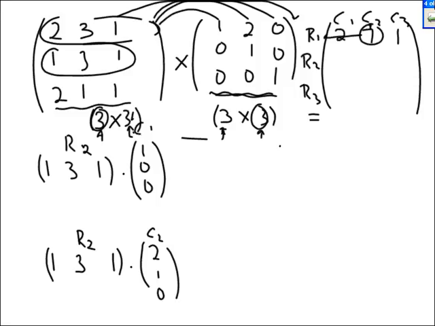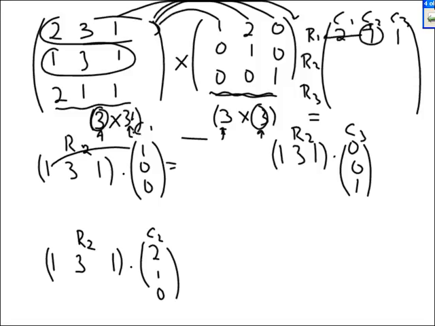Then we are going to take row 2 and dot it with column 3, 0, 0, 1. And again, the last time I'm going to mention it, but there should be a T up there. Okay, there should be a T there. But we're getting the same answers whether we write the T or not.